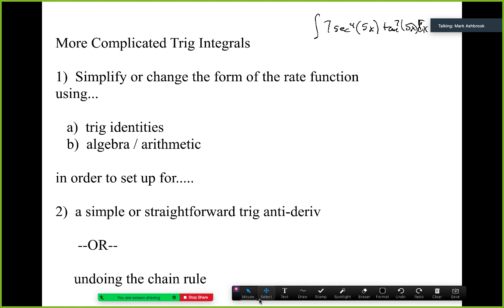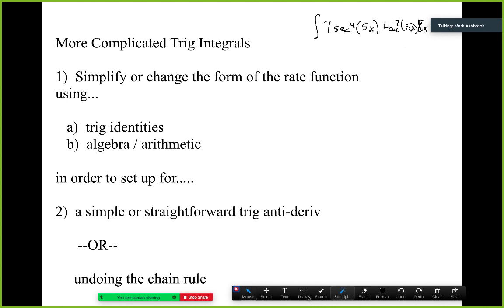Remember I said undoing the chain rule is the most prevalent technique we see. So you're always on the lookout for it, and it works its way into these other techniques. We saw it in undoing the product rule as part of it. We saw it just now with partial fractions. And that's the goal of these trig ones: to reform this to set it up for undoing the chain rule.